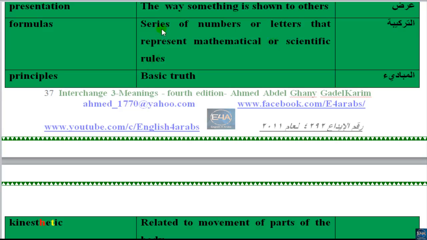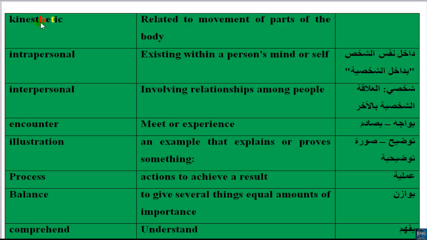So we can say series of numbers or letters to represent mathematical rules, and here T soft D, mathematical. Principles, basic truth. Take care of this word, H silent, and here the T in American soft D.